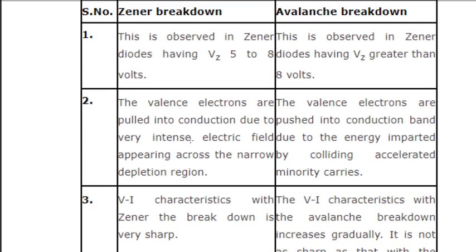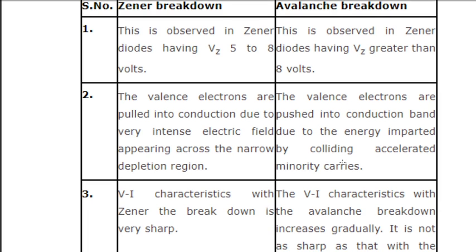Zener breakdown usually occurs between 5 to 8 volts, whereas avalanche breakdown occurs at voltage greater than 8 volts. In Zener breakdown, the valence electrons are pulled into the conduction band due to the very high intensity electric field, whereas in avalanche breakdown the valence electrons are pushed to the conduction band due to the energy imparted by colliding with the accelerated carriers. Zener breakdown is due to the breakage of the bond by the electric field, and avalanche is due to the kinetic energy imparted to the electrons by the minority carriers.